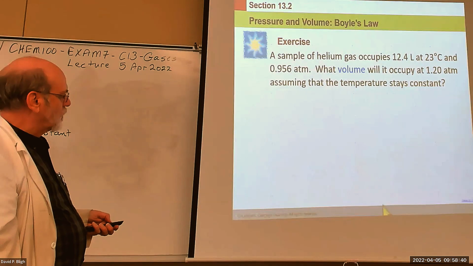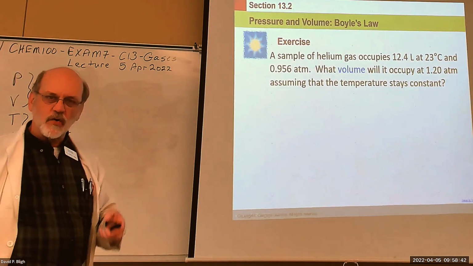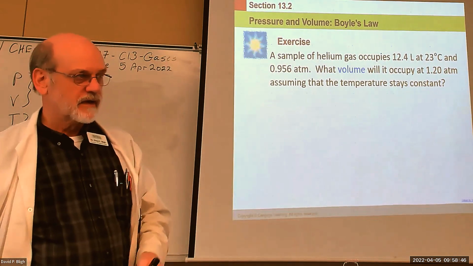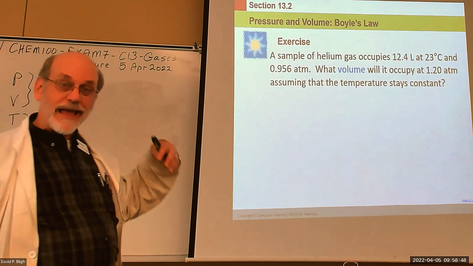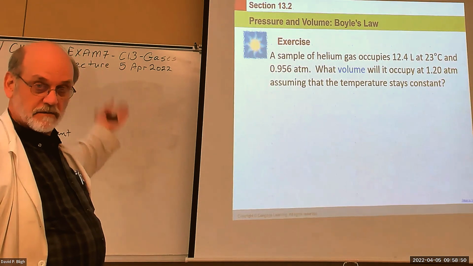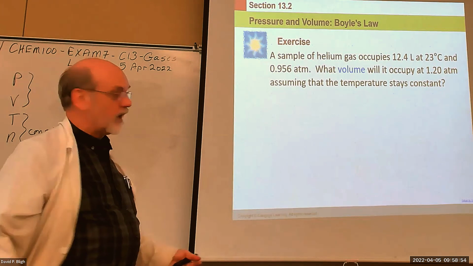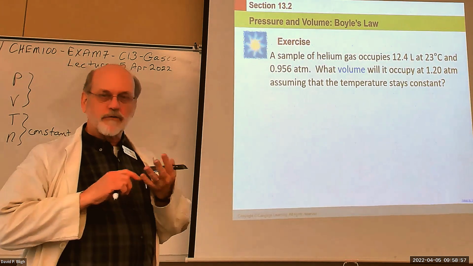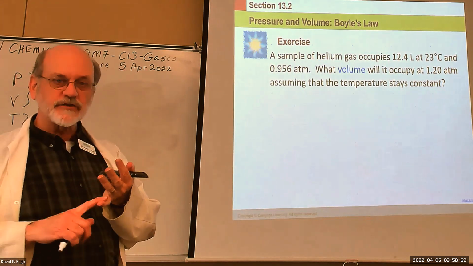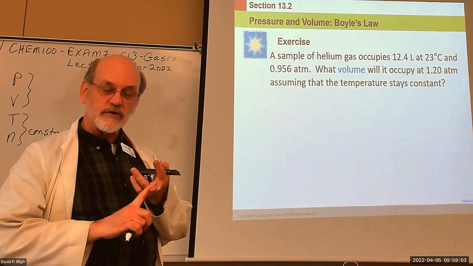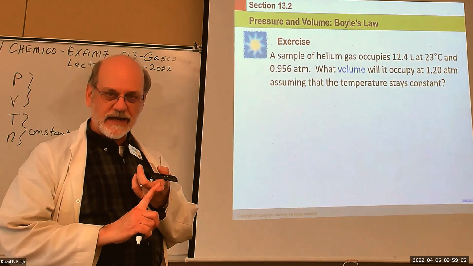Right. So, how do you know if you're given a word problem on a test, for instance, that you are able to use this before and after equation? Well, you look for the existence of constant temperature, constant moles. Pressure is allowed to change, volume is allowed to change.